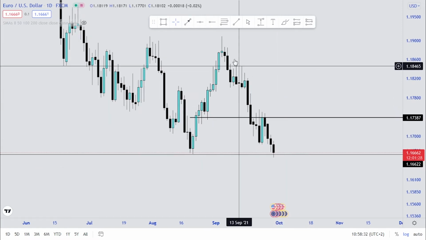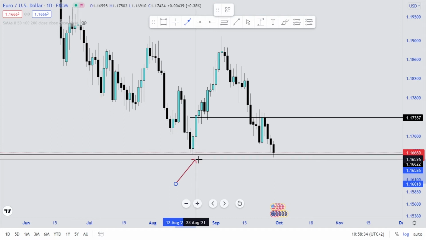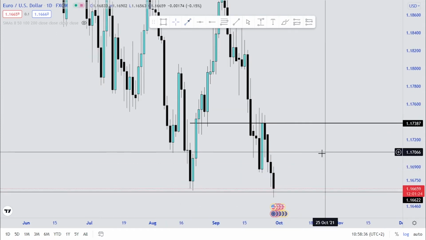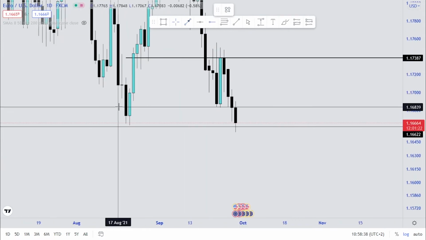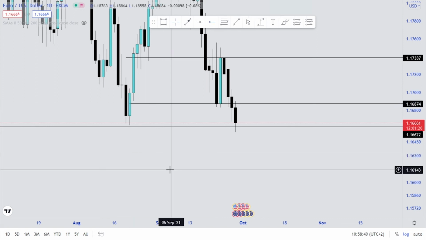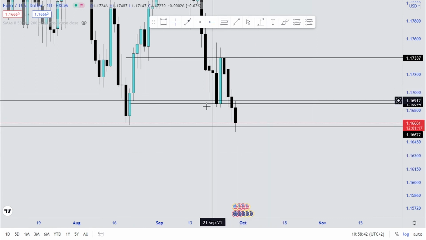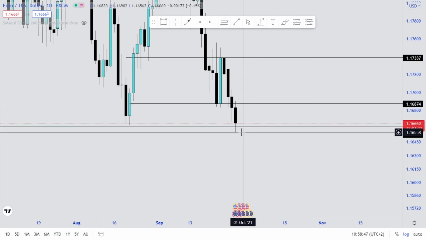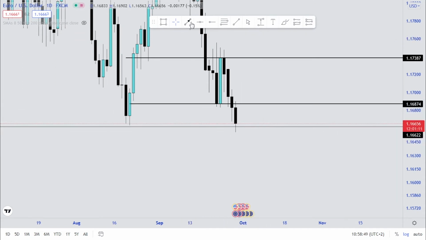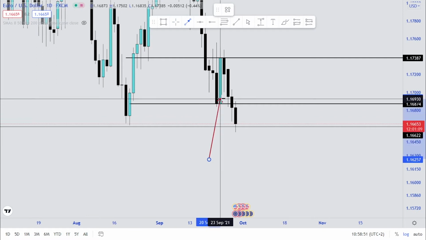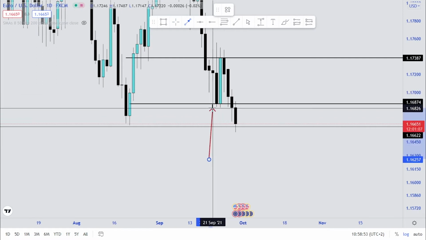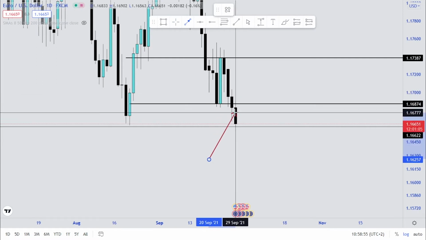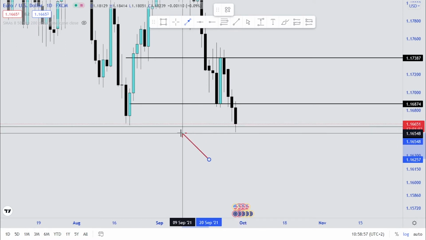But what we can see is if price respects this area right now, price will most likely come into this region here again, here at 1.6874. Price will most likely come and retest this region again and come and test this low area here again. Why do I say that? Because we can see we have a beautiful structure break of this low. So price did come to the downside and test this weekly level of demand.